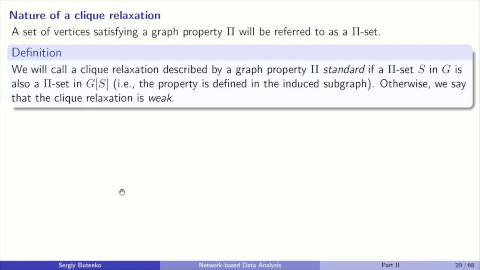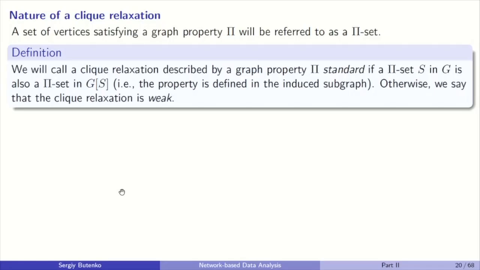Here we'll use the concept of this pi set to make the definition easy to state formally. So we'll say that a set of vertices satisfying the graph property pi will be referred to as a pi set, right? So let's say if my property pi is clique, then we could say the clique set is the same thing as a clique, really.